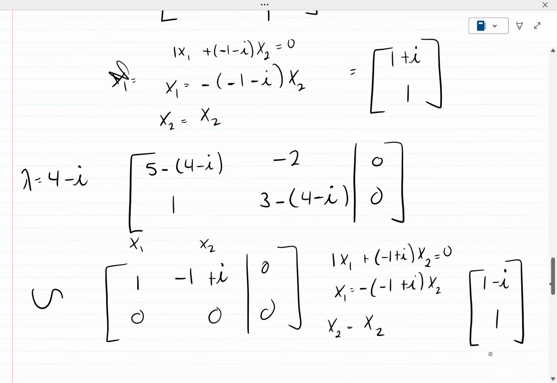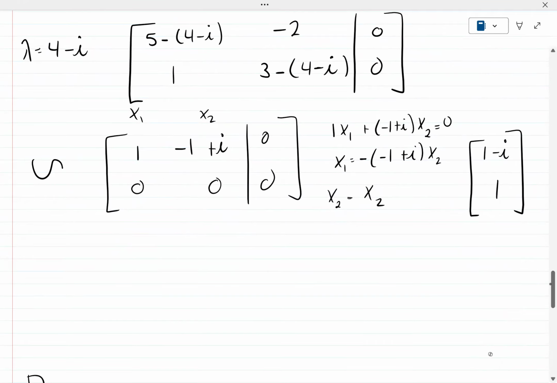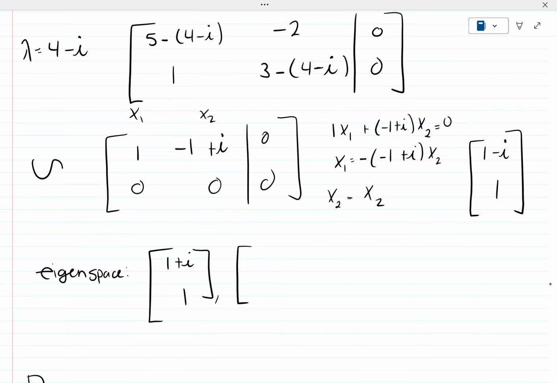So your final answer for your eigenspace is those two vectors: the first is (1 plus i, 1), and the other is (1 minus i, 1). Okay, let's move on.